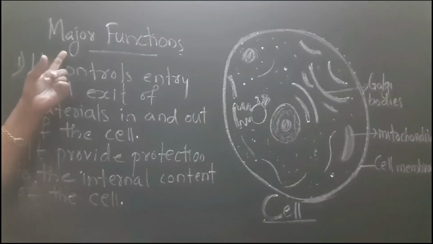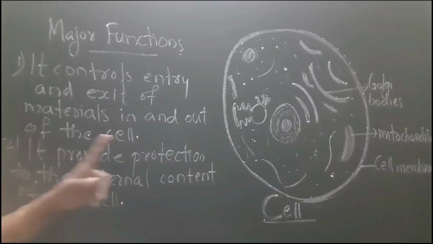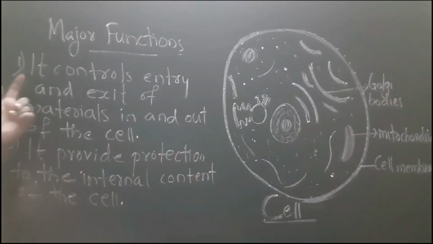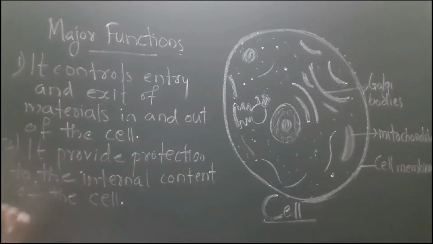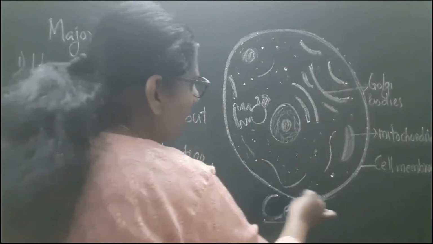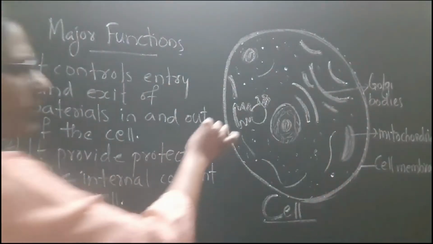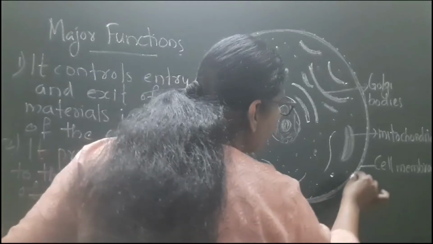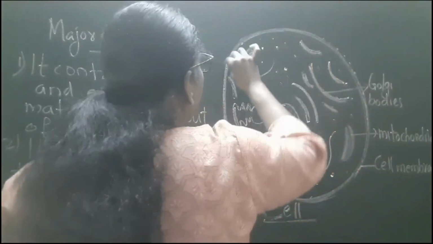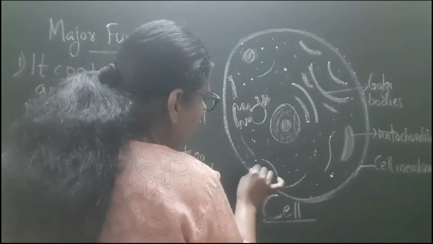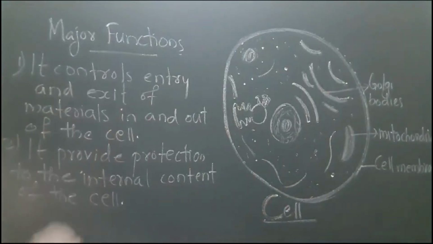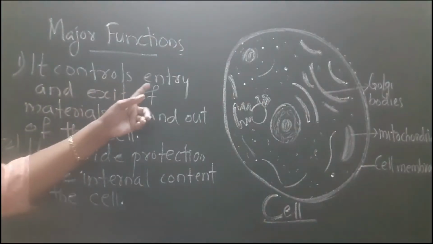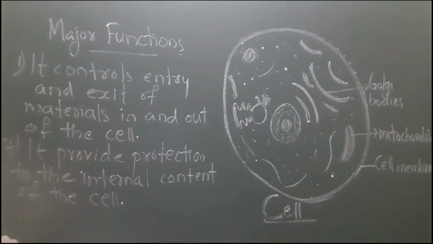Now let's see the major functions of the cell membrane. It controls the entry and exit of materials in and out of the cell.